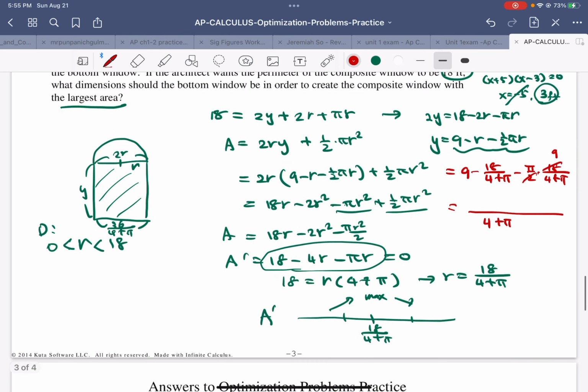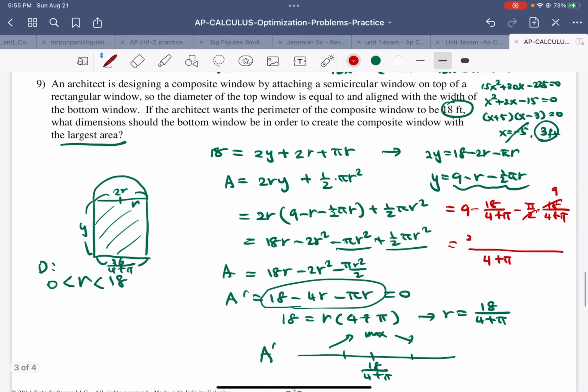So 9 times (4 plus pi), so 36 plus 9 pi, right? And minus 18 minus 9 pi. So 9 pi cancels out nicely. 36 minus 18 is 18. 18 over 4 plus pi. Okay, that's the y value. So that dimension here is 18 over 4 plus pi. That one is in feet also. So that's the dimension to have a maximum area.